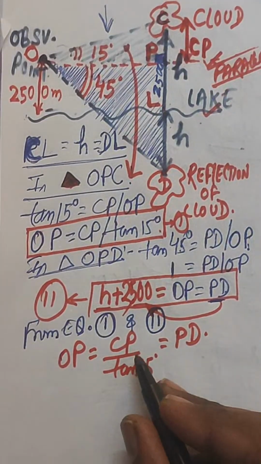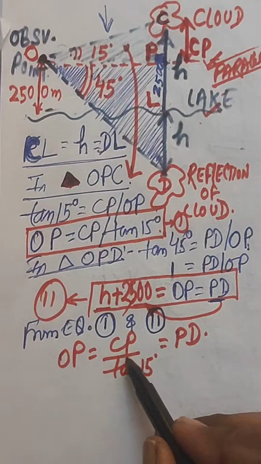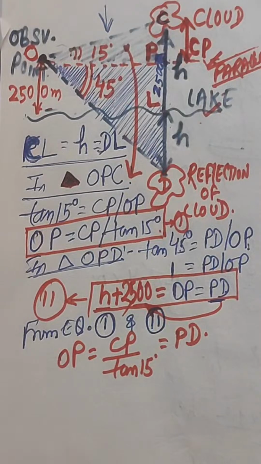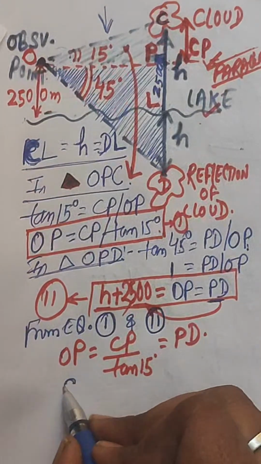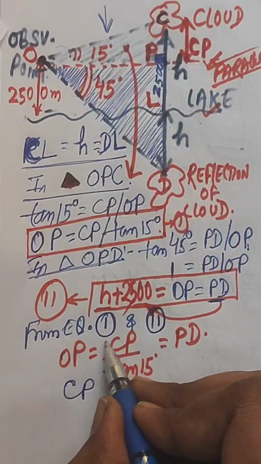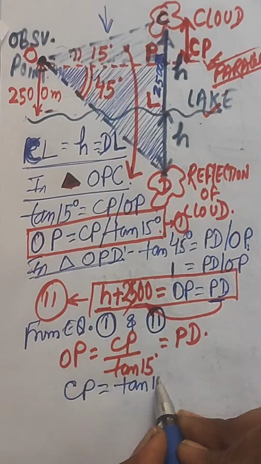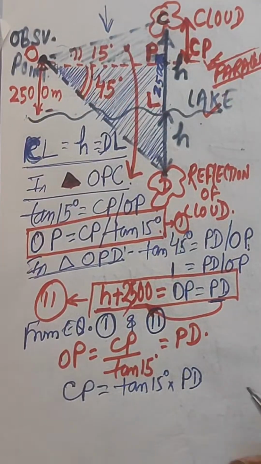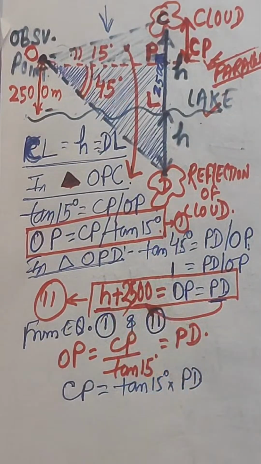So from here we calculate the length of CP. So we can say that CP is equal to tan 15 degree multiplied by PD, and PD is nothing but H plus 2500.